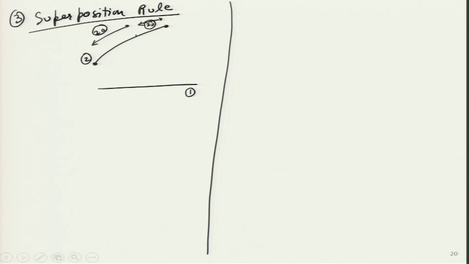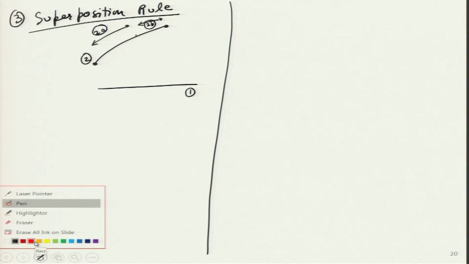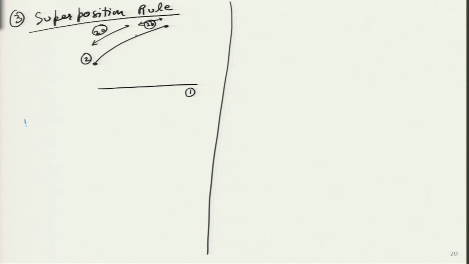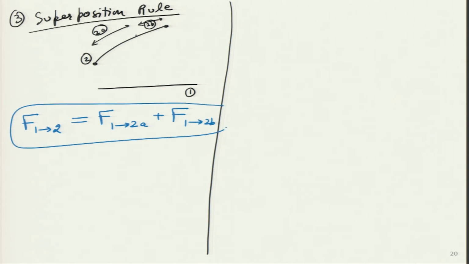So, what the superposition rule tells me is that if I know the value of F12, then I can write it as the sum of F12A and F12B, which means for any large object I can use different colors over here. This one I will show in blue and this part in green.